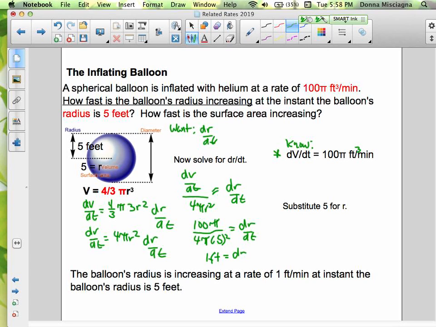That's the rate of change in the radius when the volume is increasing at a rate of 100 pi feet cubed. The radius is increasing at 1 foot. Oh, we need it per minute. Sorry, per minute. Almost forgot the unit of time. So dr/dt is 1 foot per minute.